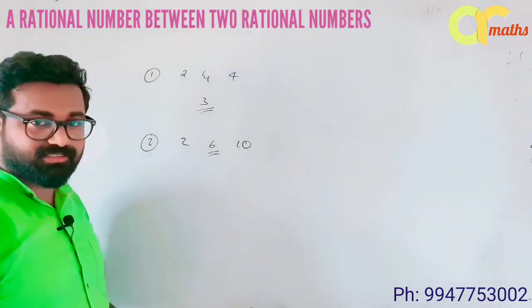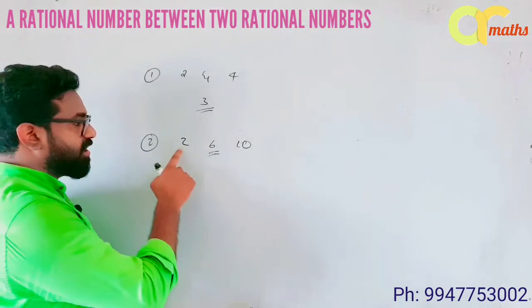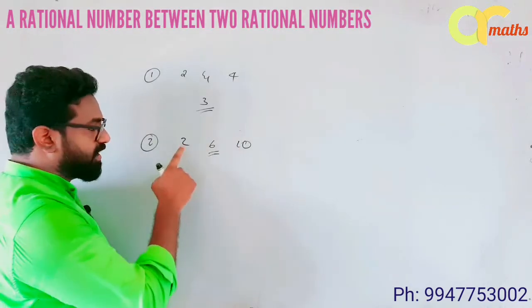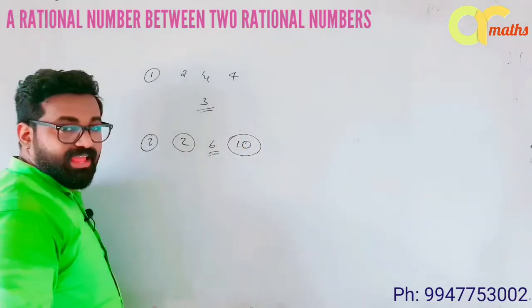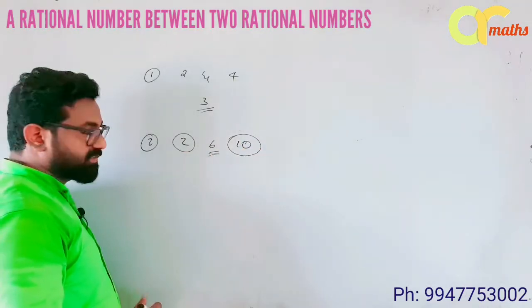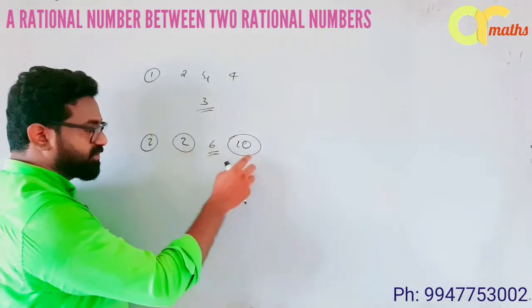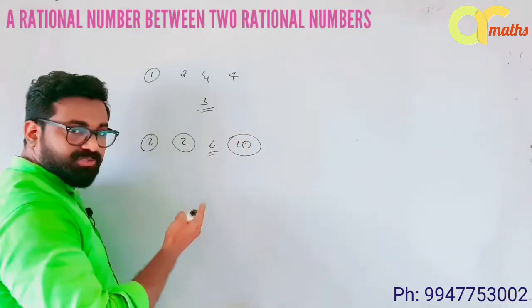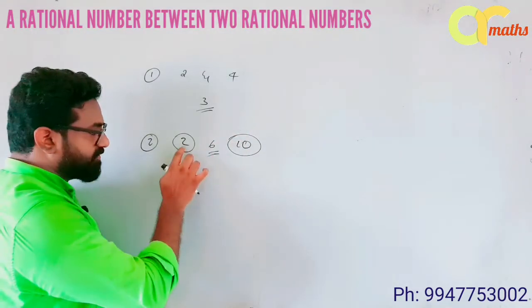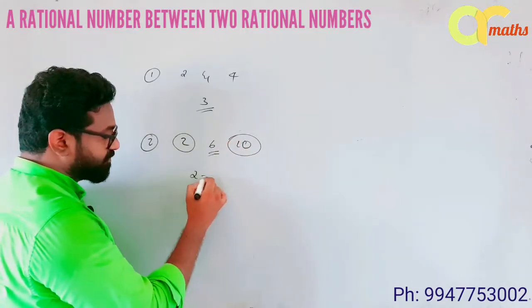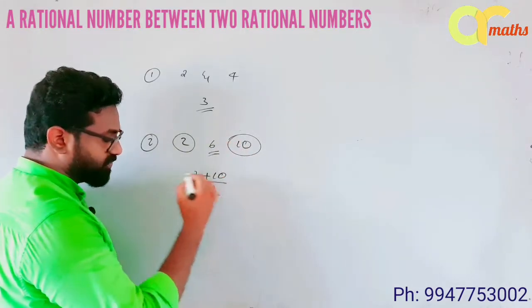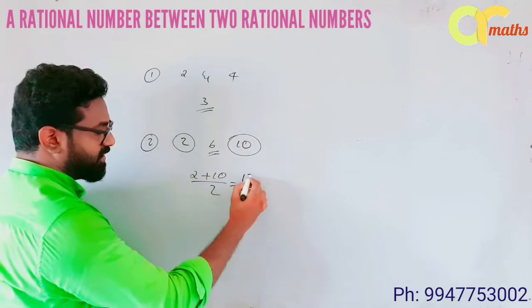How did you get 6? 6 is the middle of 2 and 10. How to find the middle of 2 and 10? Just find its average. How to find its average? By adding these two numbers and dividing by 2. Summation of these two numbers divided by 2. That means 2 plus 10 divided by 2. What is that? 12 divided by 2.